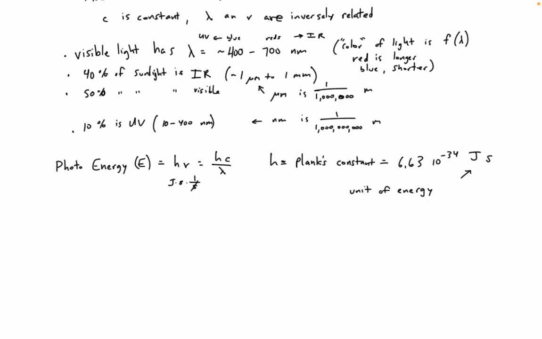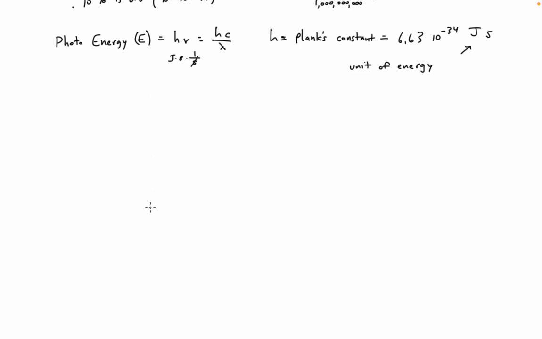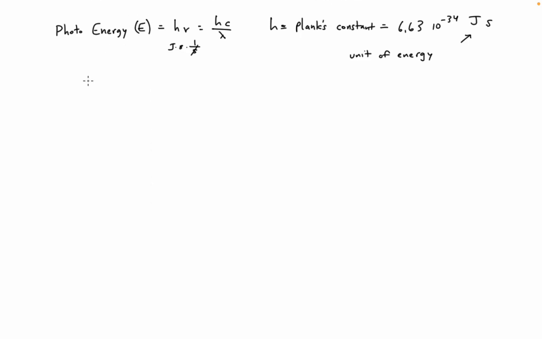Okay, so another topic, the next topic that we need here, we're going to come back to this, the energy delivered by the sun, it is measured in terms of flux. And we talked about flux before, but we're going to define it a little bit more quantitatively here.